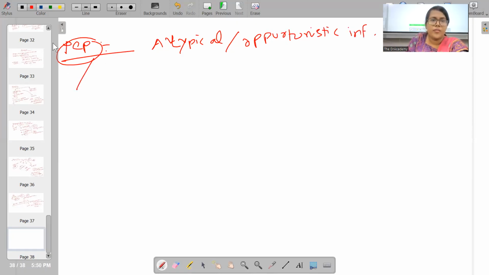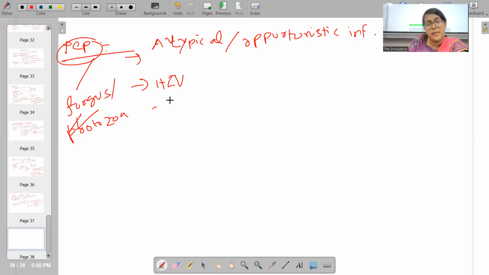There is a debate whether Pneumocystis carinii is a fungus or protozoa. For our discussion purpose, we will think of it as a eukaryote or protozoal infection. This is seen in HIV positive individuals mainly. However, it can take place in any of the immunocompromised patients as well, because this is an opportunistic infection.